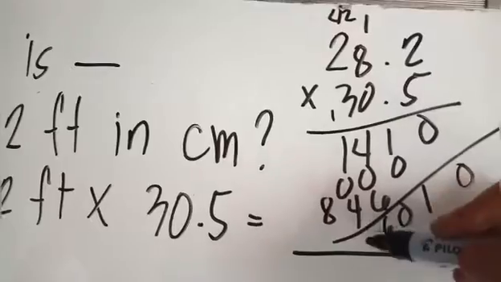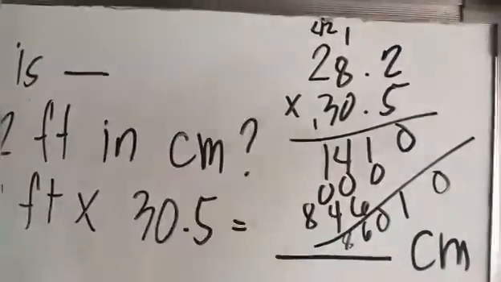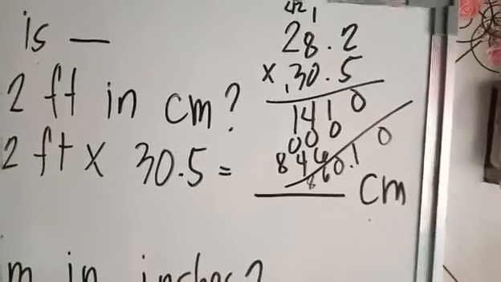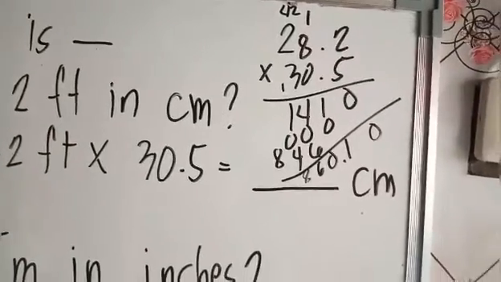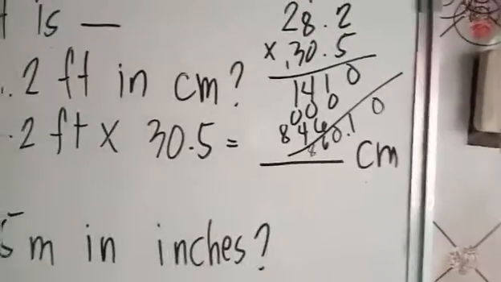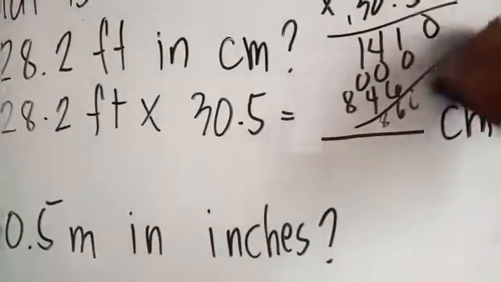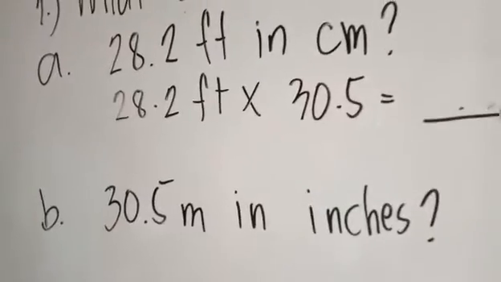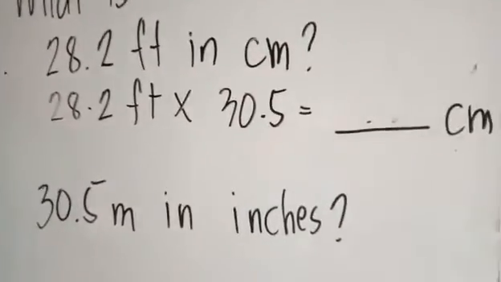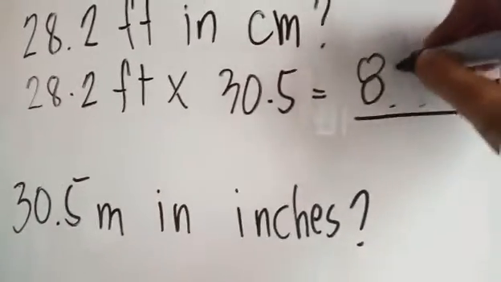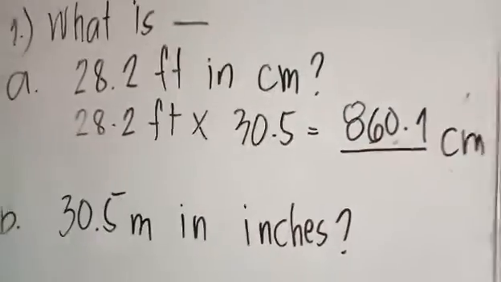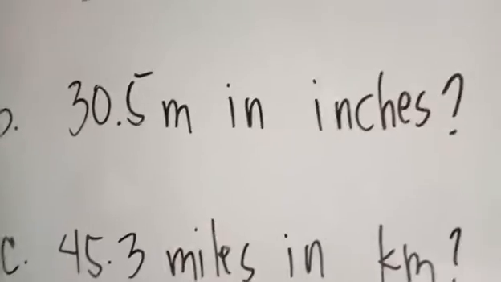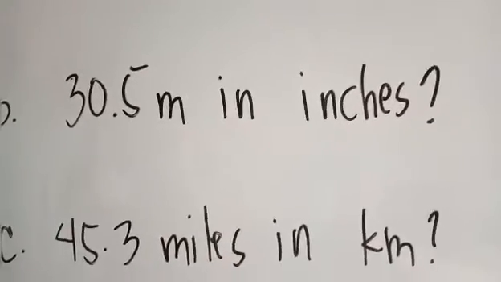Then, we have 8. So, 1, 2, say 1, 2. So, yung sagot natin ay 860.10 or simply 860.1 centimeter. Ibig sabihin yung 28.2 feet is equal to 860.1 centimeter. Next, what is 30.5 meters in inches?